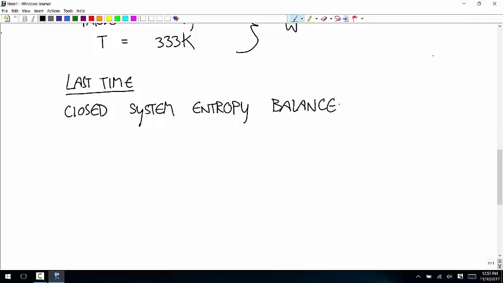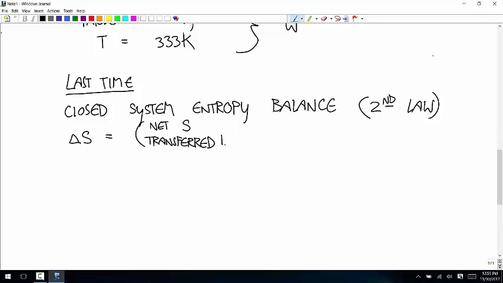You can think of this as the second law of thermodynamics. The basic idea was the change in entropy is equal to the net entropy transferred into the system plus the entropy produced.